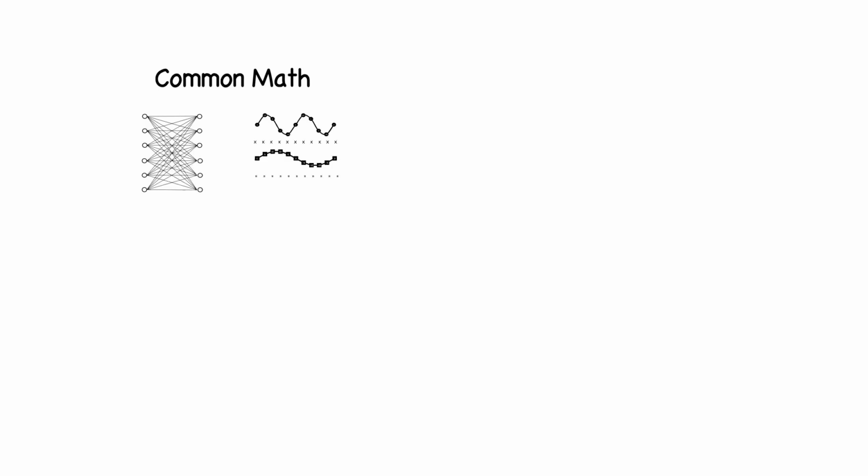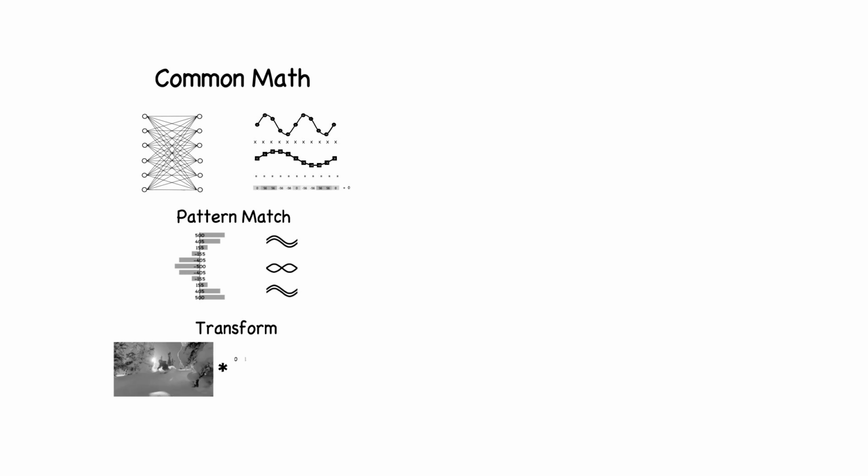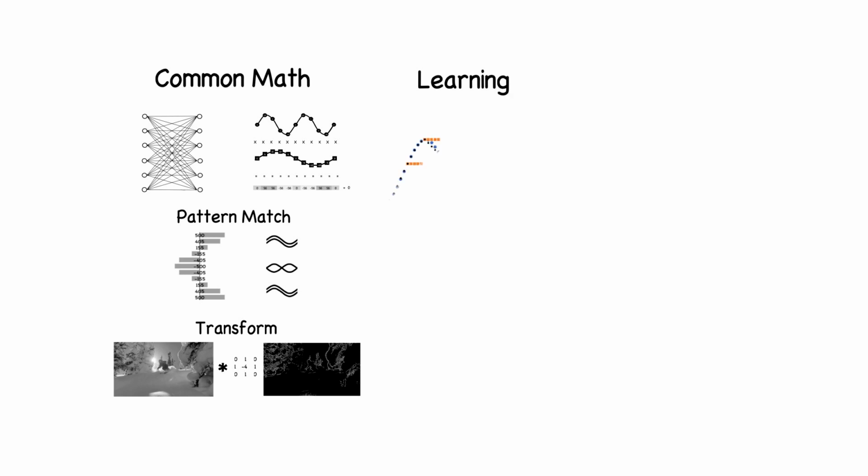So, a quick recap of everything we've learned so far. Neural networks and digital signal processing techniques use common math. This math can be used to match patterns, and this math can be used to transform data into new forms that highlight different attributes of the information. We can learn these weights from examples using an evolutionary approach that incorporates simple random guessing.